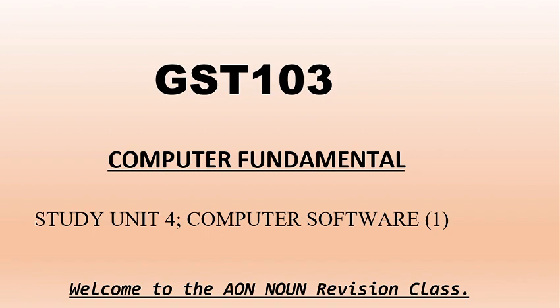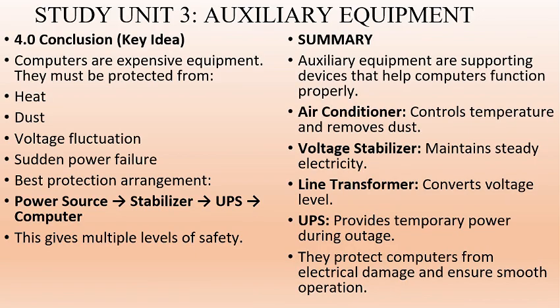Computer software. So before we go into computer software, let's refresh our memory on what we did last class, which is the auxiliary equipment. The auxiliary equipment are supporting devices that help the computer to function properly.